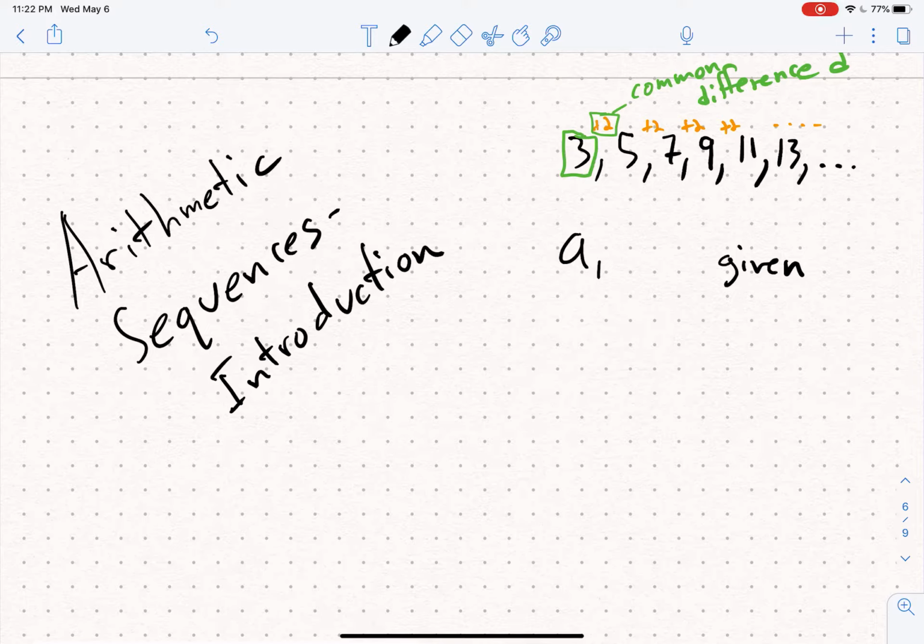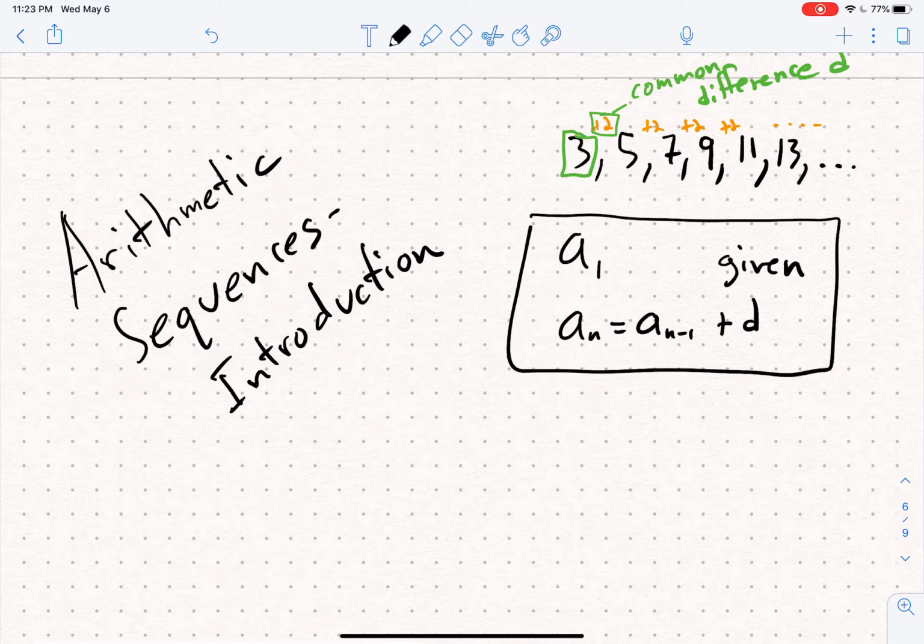Since in an arithmetic sequence, every time you move to a new term, you add D, the recurrence relation looks like this: AN is equal to the previous term, AN minus 1, plus D. So in an arithmetic sequence, these are always true. You can tell me an arithmetic sequence by telling me what the first term is, A1, and then by telling me what the common difference is, D.